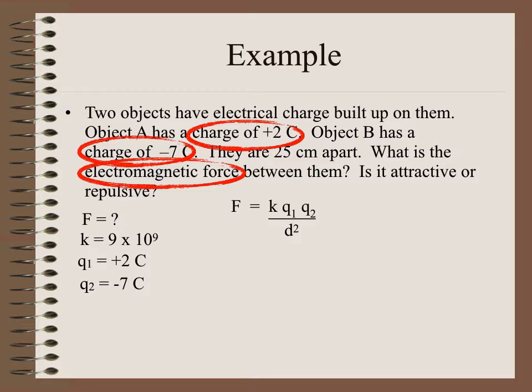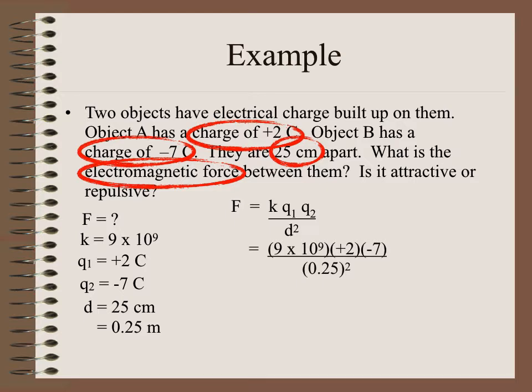Next we need the distance, and it says they're 25 centimeters apart. Now remember, the distance has to be in meters, not centimeters. We have to be in our basic units. So really, we need to work with 0.25 meters.